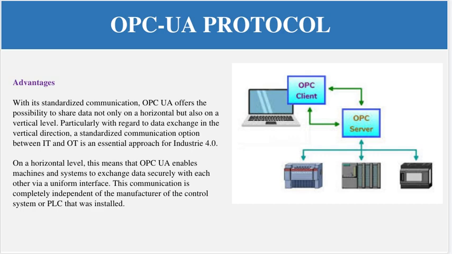And it is the biggest advantage of the OPC-UA protocol that the transferring of data between the client and the server is encrypted. So that is why we can say it is the most popular protocol nowadays in the industries to transfer data between IT and OT.